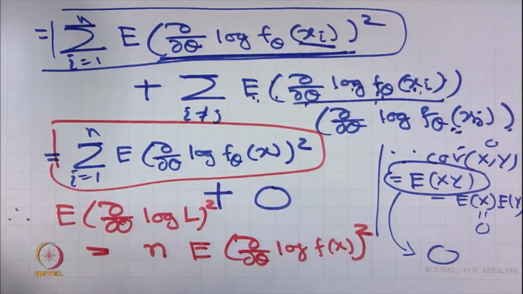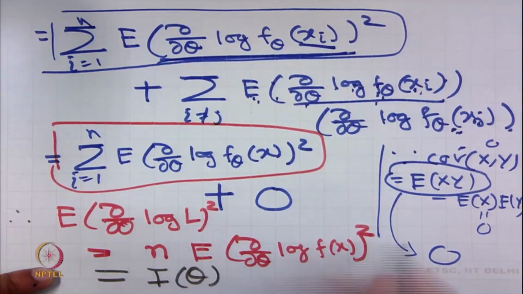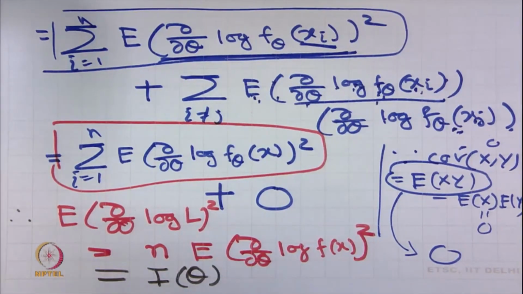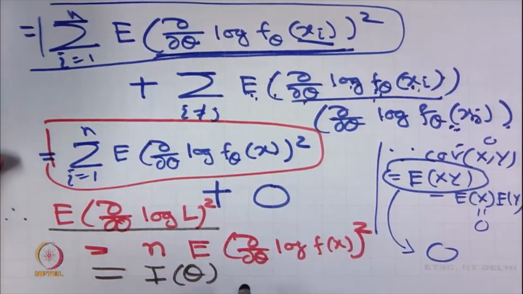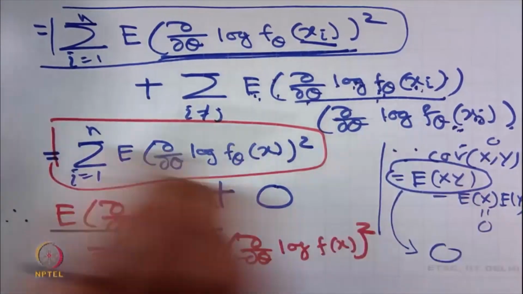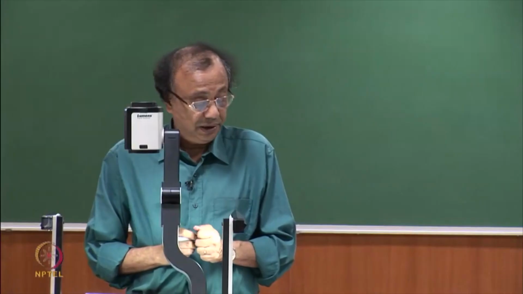So, this is another interesting form of I theta. In solving problems, instead of using this, we may often use this as the denominator of the right hand side of the lower bound, or right hand side of the Cramer-Rao inequality.